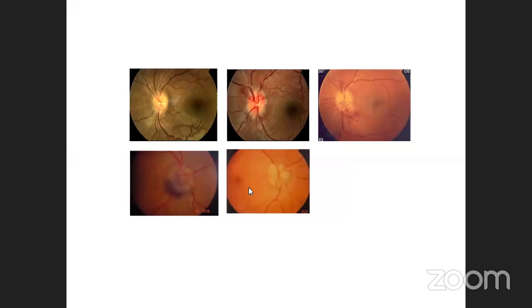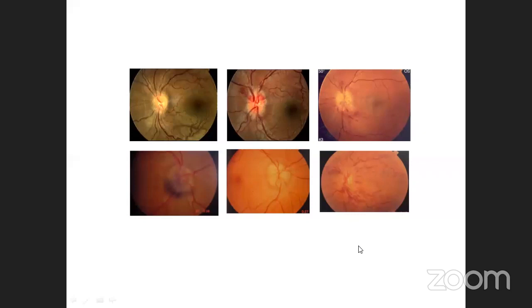You may find an elevated disc with blurred margin and lumpy appearance of the disc. You may find extensive hemorrhage in the retina with a swollen disc. So these are different entities we can see during examination of the fundus.